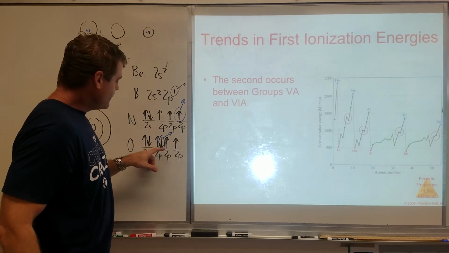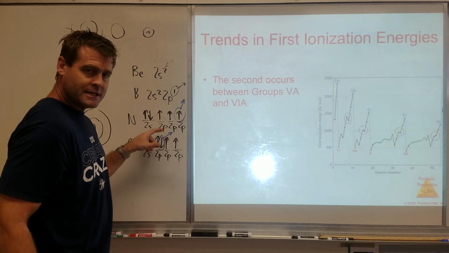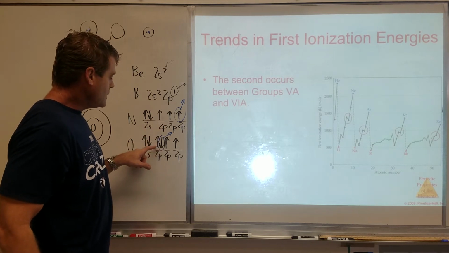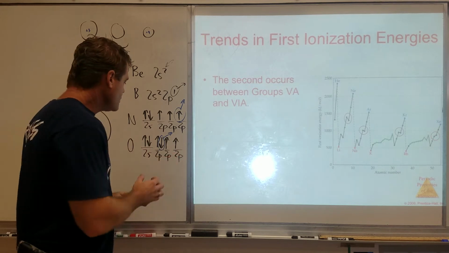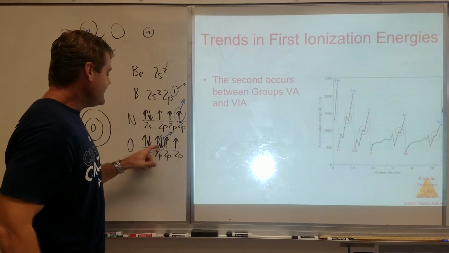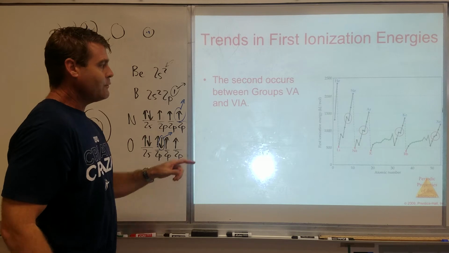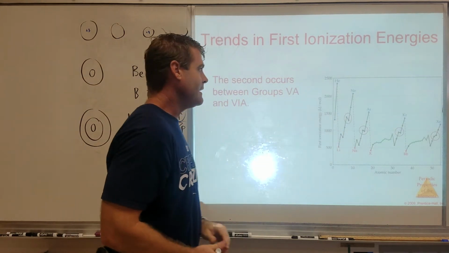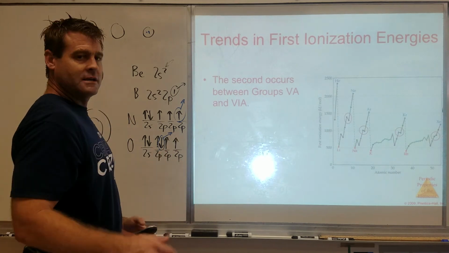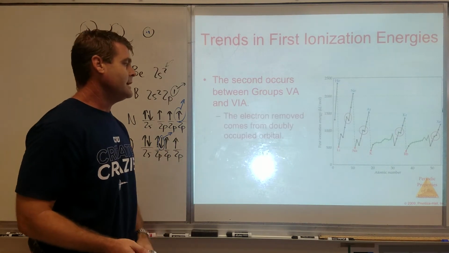Even though they're in the same potential energy orbital, this one is paired up with another electron. And what do electrons do? They repel each other. So this one will be slightly easier to remove than nitrogen's. That explains why there is a slight dip in ionization energy as you go left to right. So just note some of those discrepancies, those anomalies.